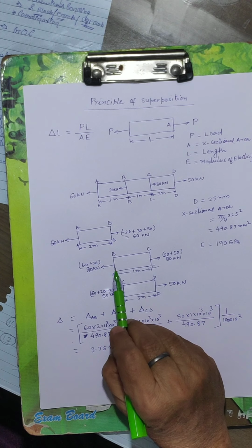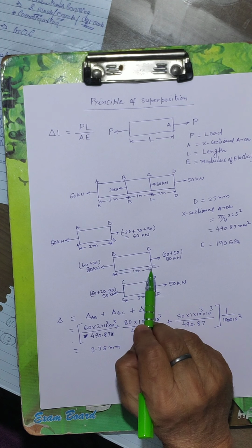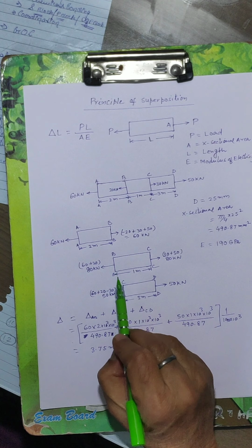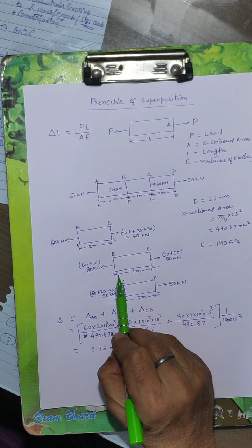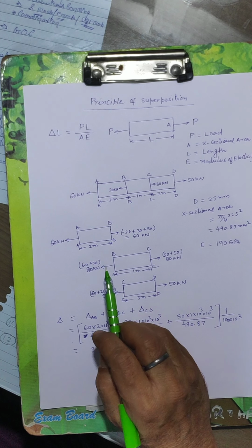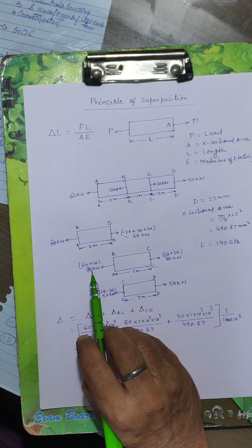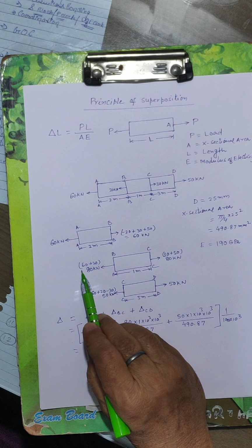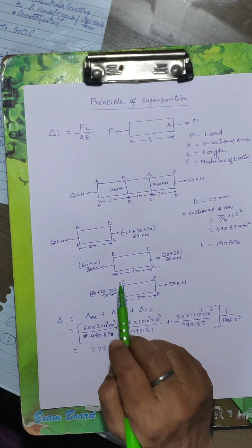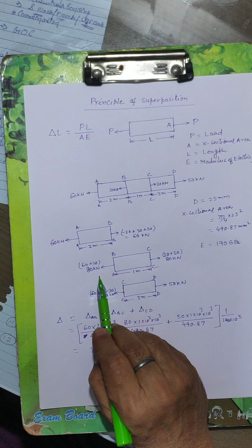Now come to the free body BC. At section BB, all the algebraic sum of forces of left side, that is 60 kilonewton left side, 20 kilonewton left side, so total is 80 kilonewton.